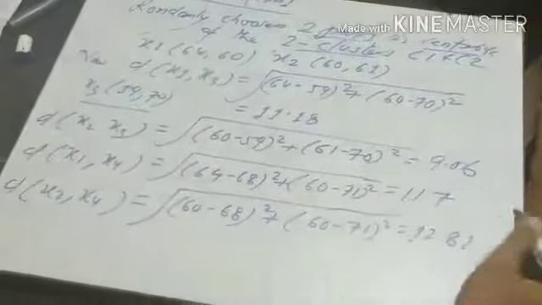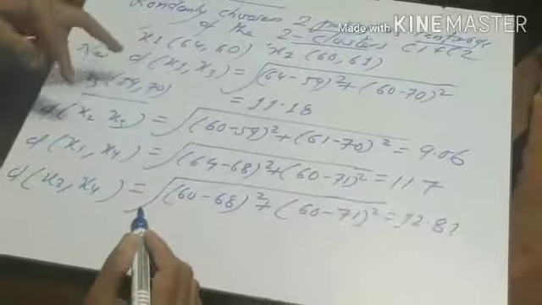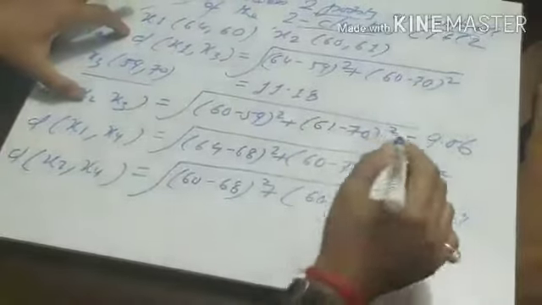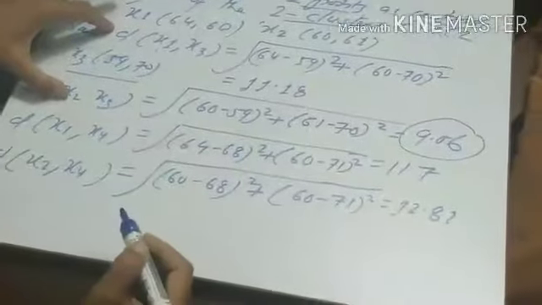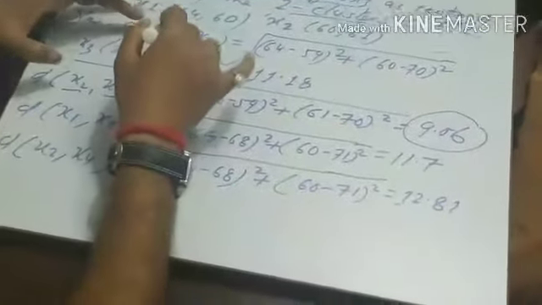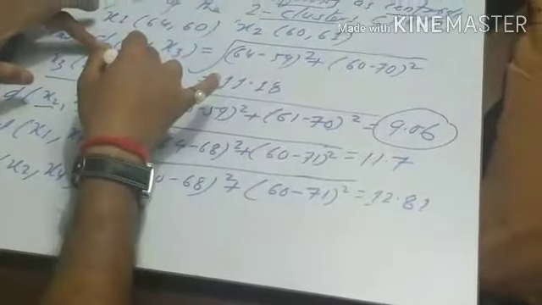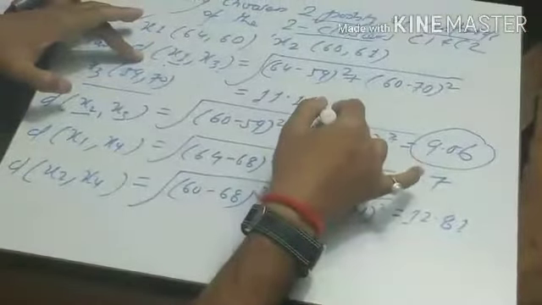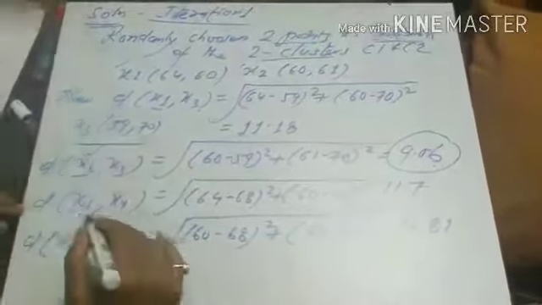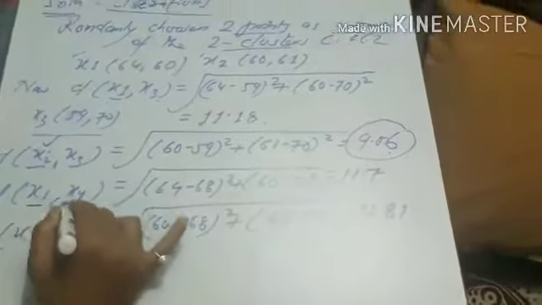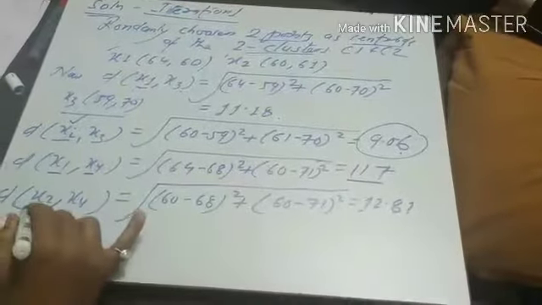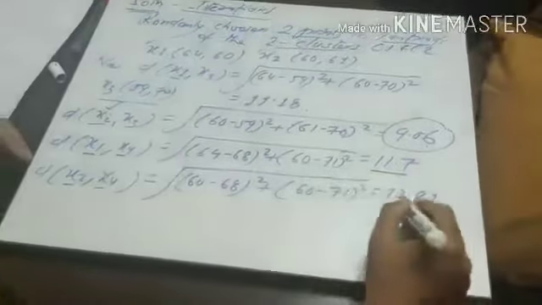We clearly see that between these two distances, x1 to x3 and x2 to x3, the nearest distance is 9.06. That means if x1 and x2 are the centroids, the distance between centroid point x1 and x3 is 11.18, and the distance between centroid point x1 and x4 is 11.7, and the distance between the second centroid point x2 and x4 is 12.81.